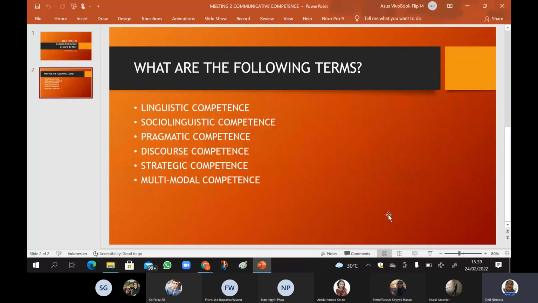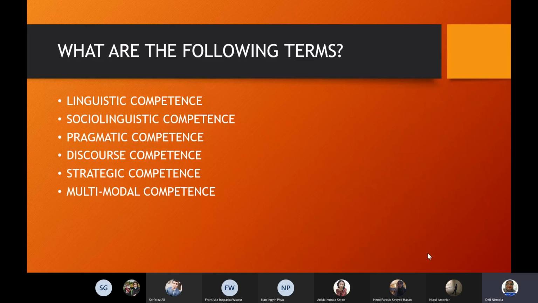Based on current developments, communicative competence has a very broad sense. So it does not refer only to linguistic competence and sociolinguistic competence. There is also pragmatic competence, discourse competence, strategic competence, and multimodal competence.